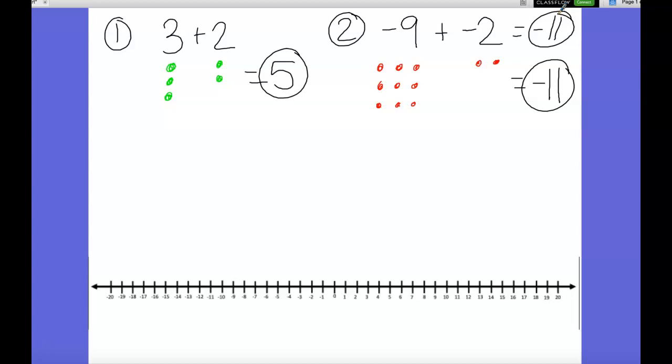Okay, my third example is going to be 6 plus -4. So if I draw that out, I have 6 positives. I have 4 negatives.